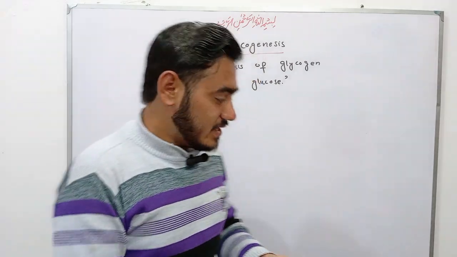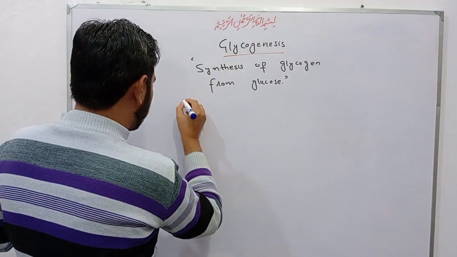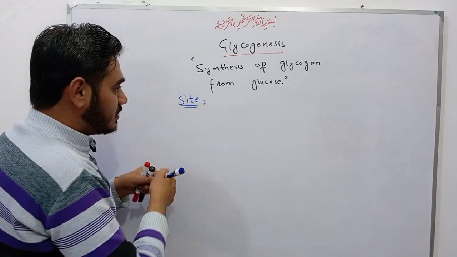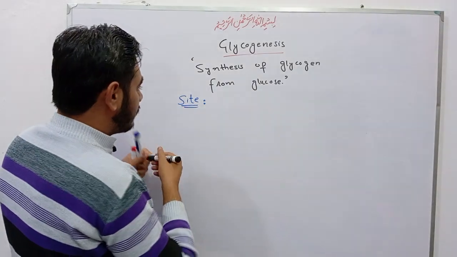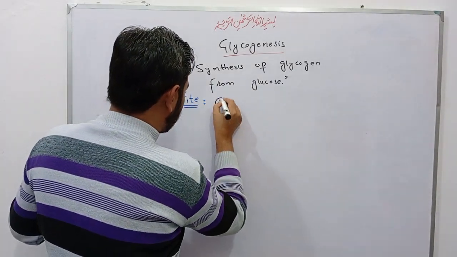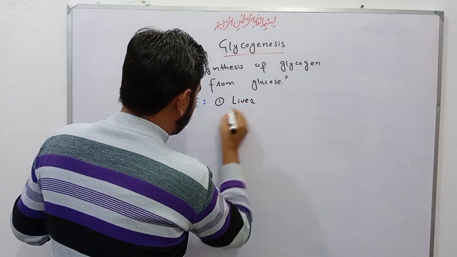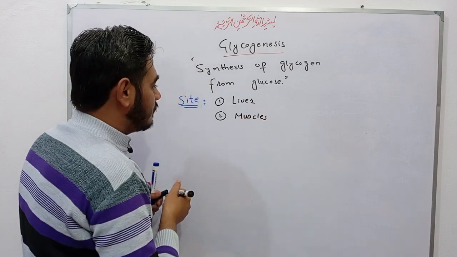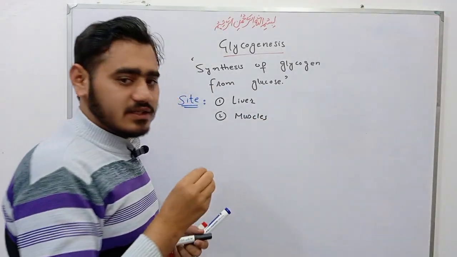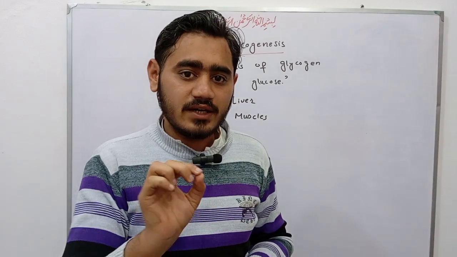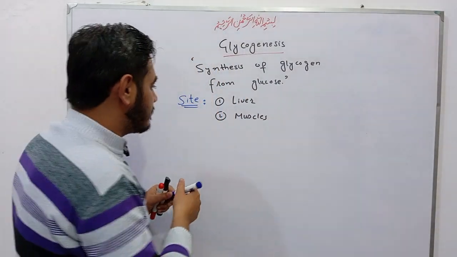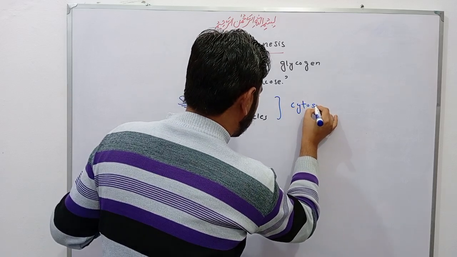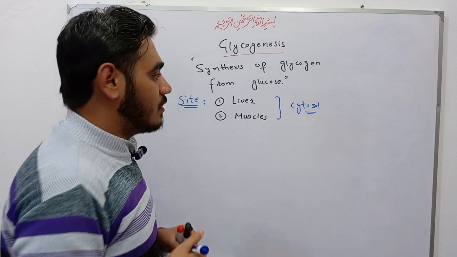Now coming toward the site for the process of glycogenesis. This process occurs in liver and muscles, and the organelle that is required is the cytosol.